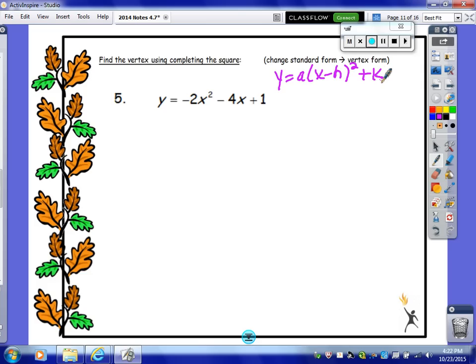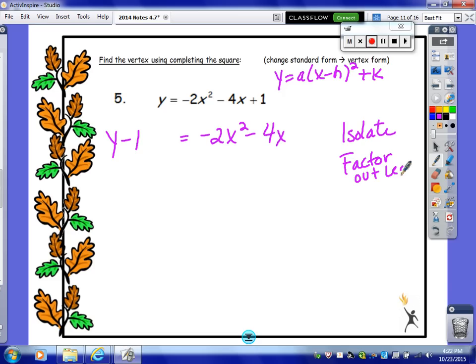All right, so it's not set equal to 0, so when I isolate, I'm going to move the 1 to go with the y. Leave myself some space. I still got to find that c. Okay, so you're still going to isolate, step 1. All right, step 2 is still going to be fine, or in this case, because we have a lead coefficient, we have to factor out the lead.